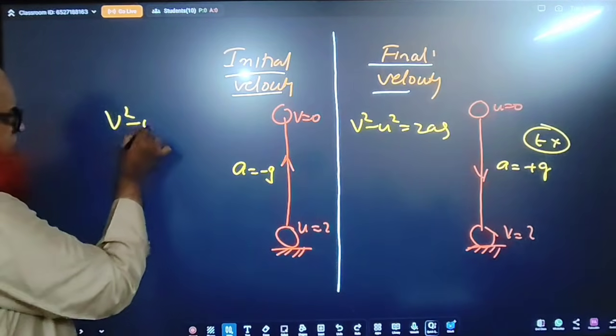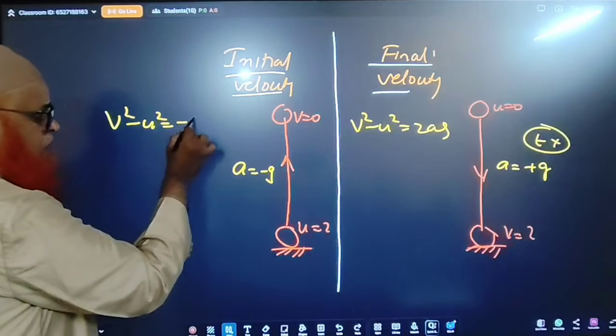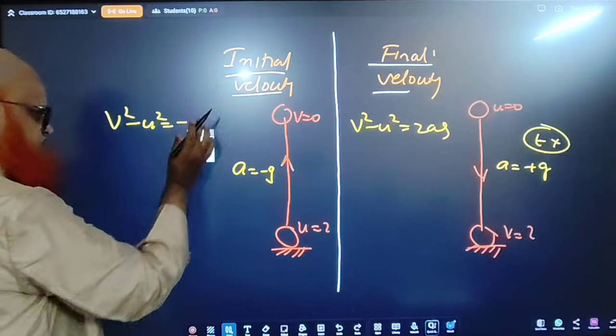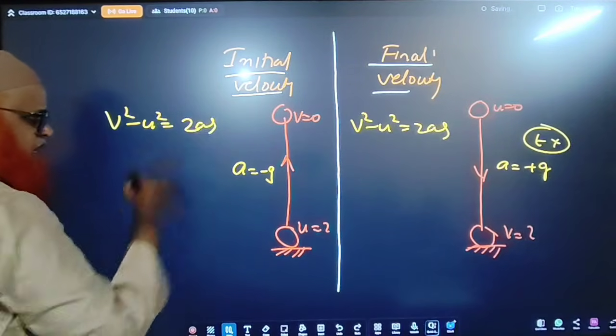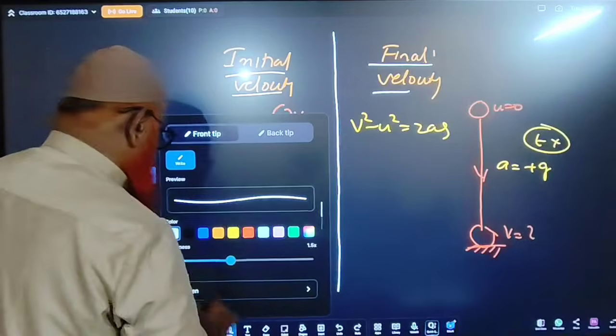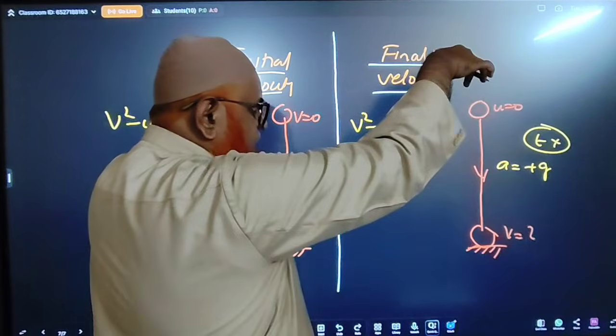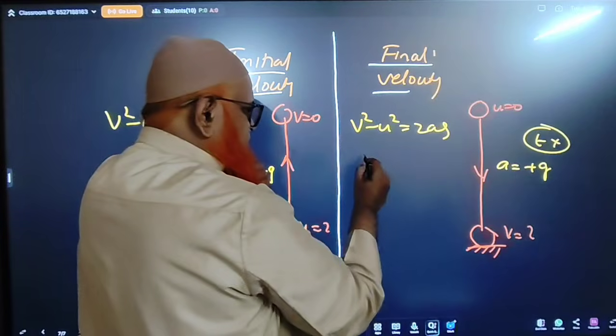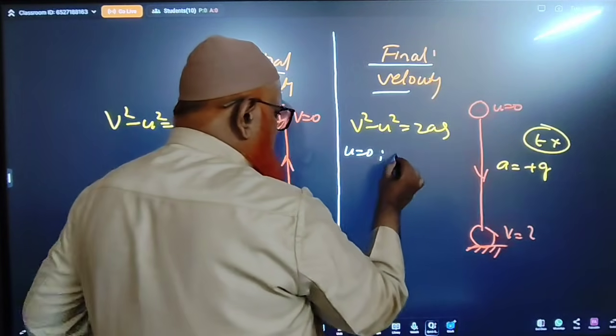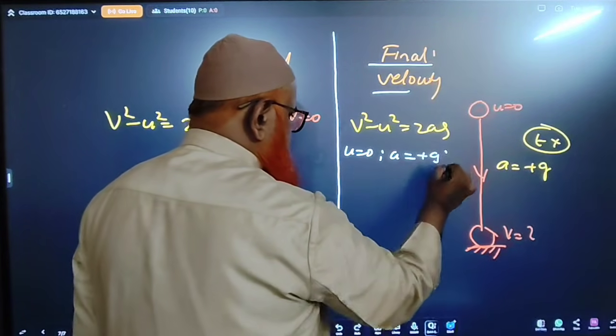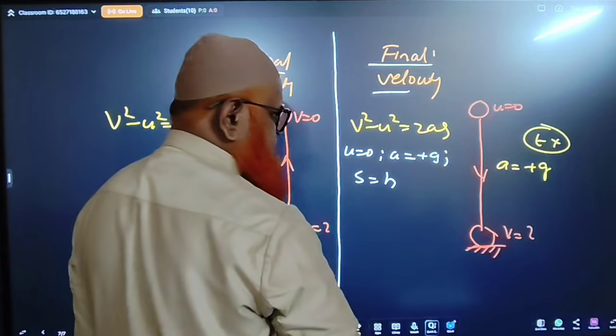Let us write the general formula 2AS, and we will modify that formula now. How do you modify this formula here? See, if you drop a body, then it is in your hand, its initial velocity is going to be 0 and its acceleration is plus G and S is equal to H, that's it.